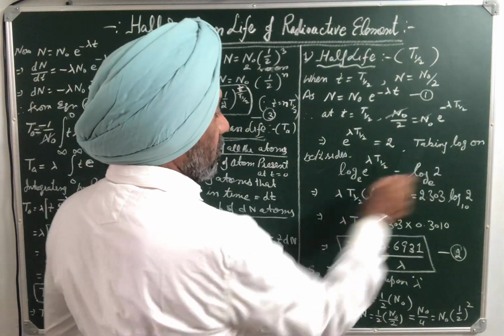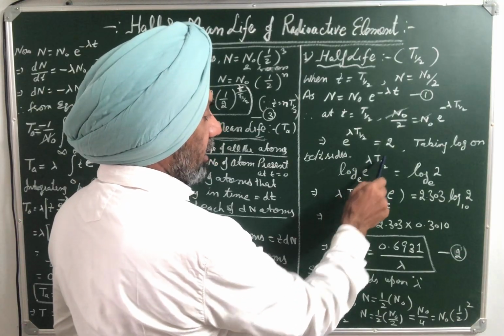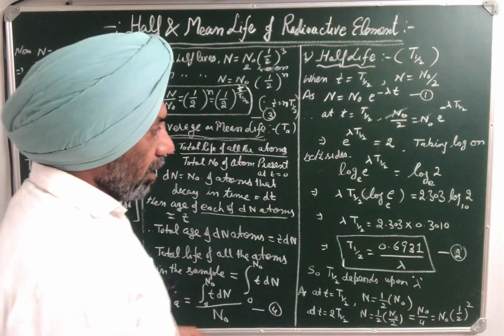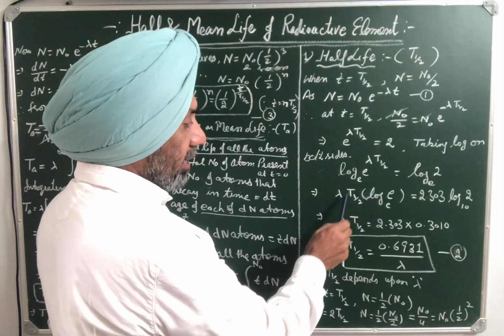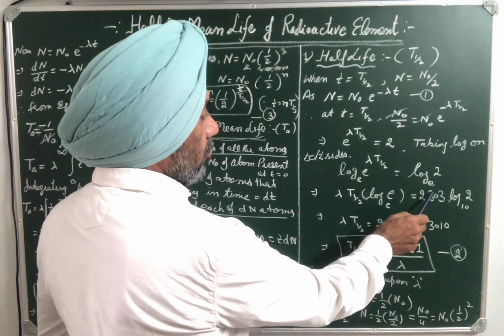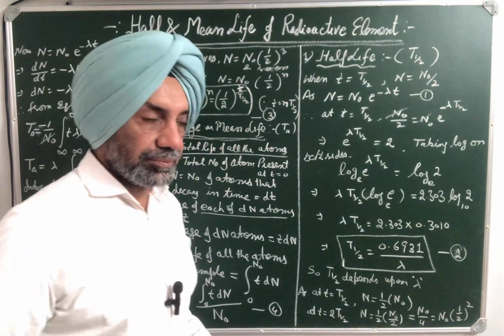Then taking log on both sides, we have log e raised to lambda t half to the base e is equal to log 2 to the base e. Since log m power n is equal to n log m, therefore we have lambda t half is equal to log 2 to the base e, which is 2.303 into log 2 to the base 10.